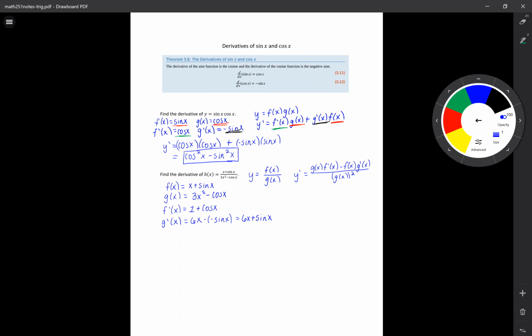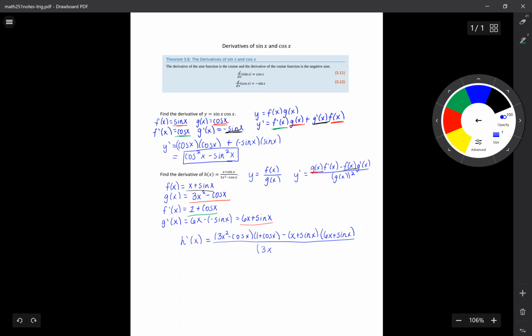And now we can employ our quotient rule so that h prime of x is equal to g of x, which I found to be 3x squared minus cosine x, times f prime, which is 1 plus cosine x, minus f of x, which is x plus sine x, times g prime of x, which is 6x plus sine x, all of this divided by g of x squared.